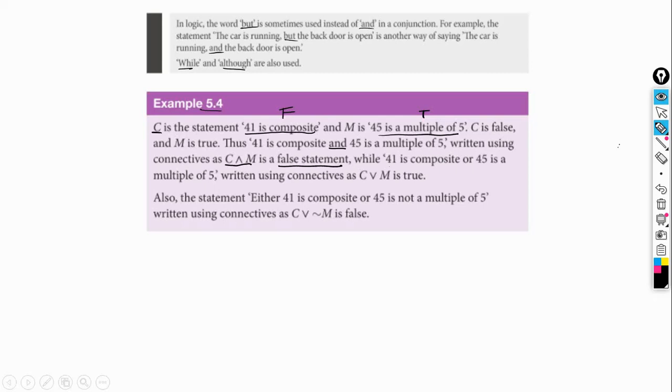While 41 is composite or 45 is a multiple of 5, written using the connectives as C or M, is true. Also, the statement either 41 is composite or 45 is not a multiple of 5, written using connectives as C or not M, is false because they are both false statements.